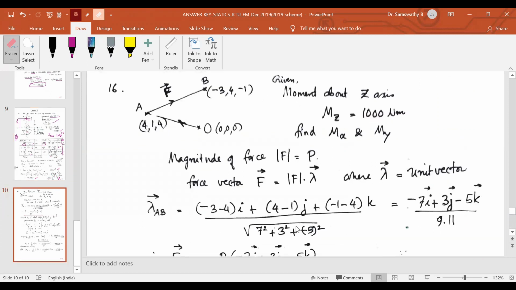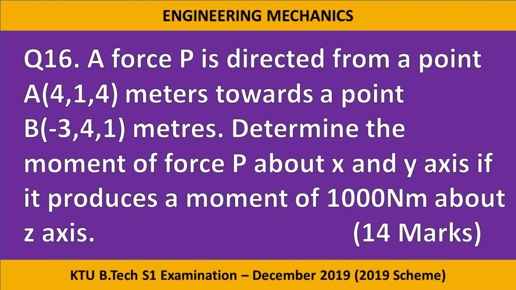Now moving to question number 16. The first question, the moment of inertia question, was a full question, 14 marks. And the next one is question number 16. I'll read it. A force P is directed from a point A, 4 1 4, towards a point B, minus 3 4 1 meters.